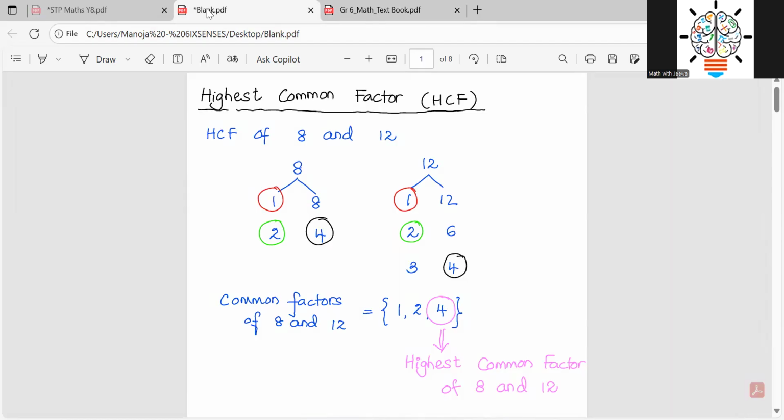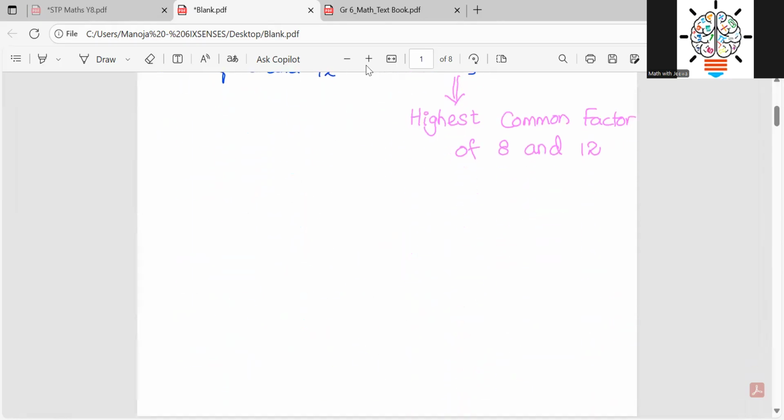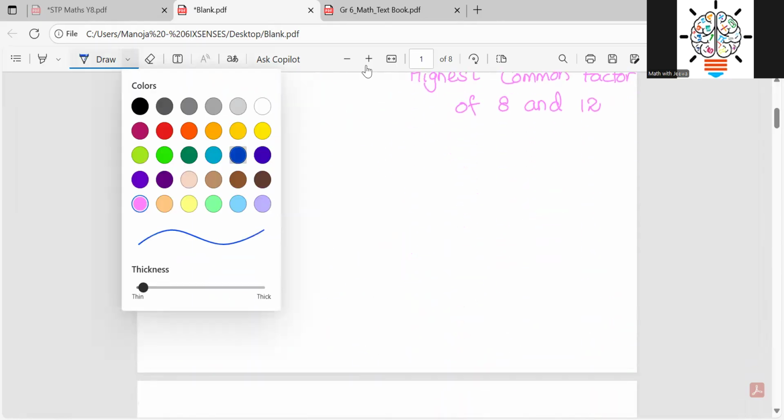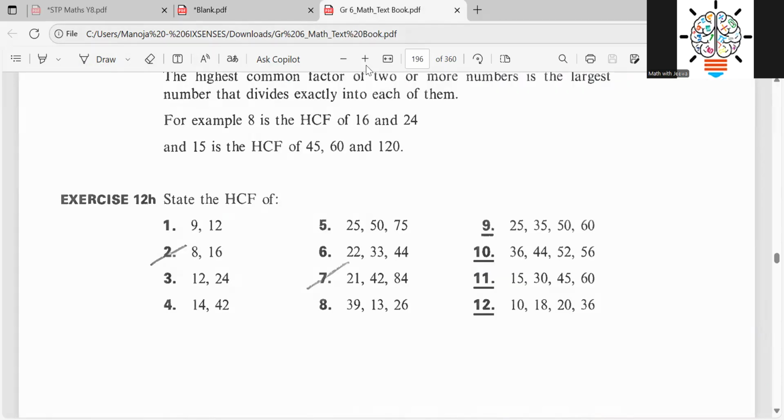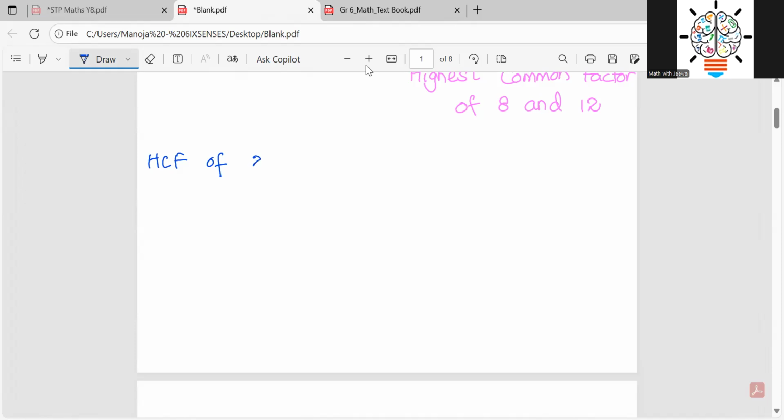This time you have 3 numbers. So the question is the highest common factor of 22, 33, and 44. Either you have 2 numbers or 3 numbers, we follow the same thing, children.